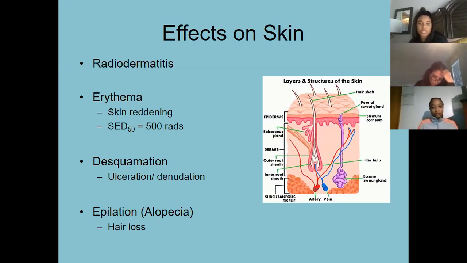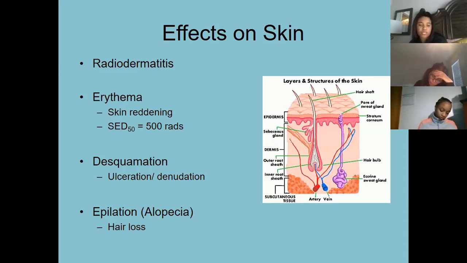A pocket of necrosed skin. Okay, so it is an area of necrosis. When we think of ulceration, we probably more likely think of the stomach, but it's the same concept regardless. An ulcer is an area of the skin where it's dying. The radiation has killed the skin cells. And then we get denudation, which means the whole skin just peels off.